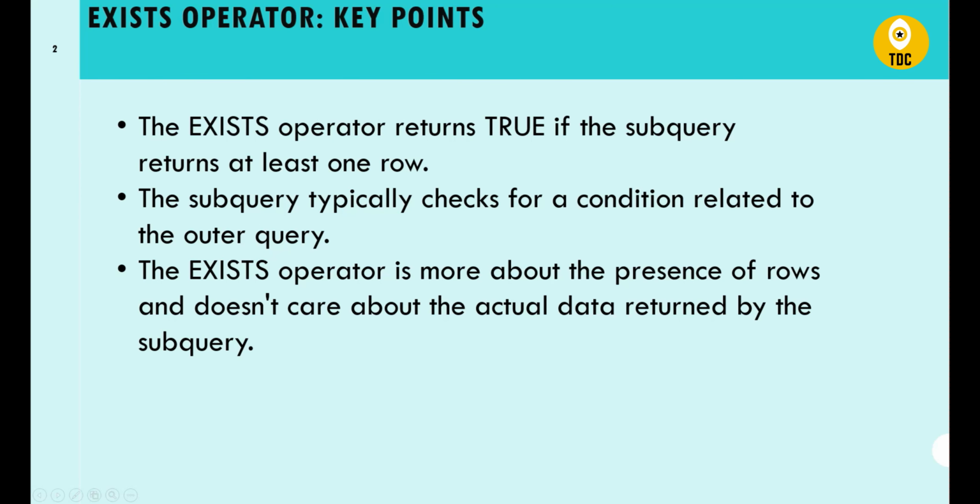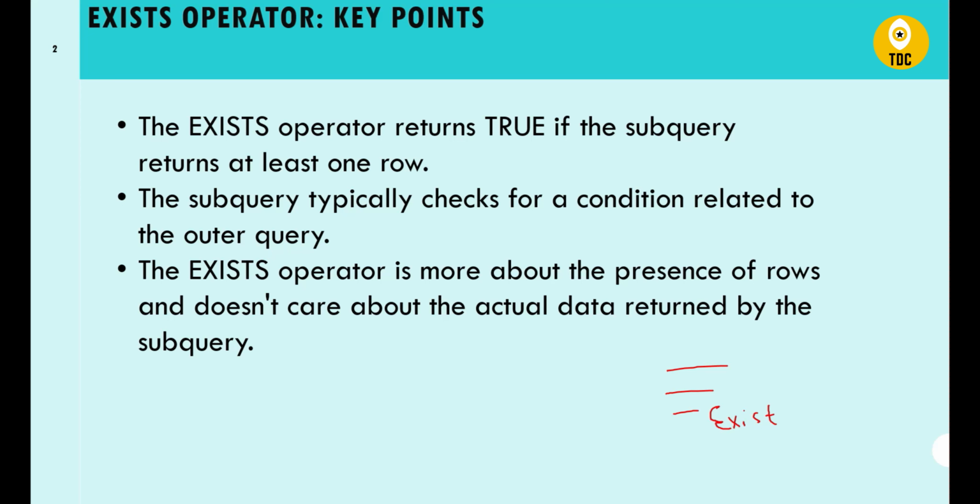A couple of key points when we are using the EXISTS clause. The EXISTS operator returns true if the subquery returns at least one row. It works with the concept of a subquery. Suppose you are writing a query and you add an EXISTS clause, similar to IN.